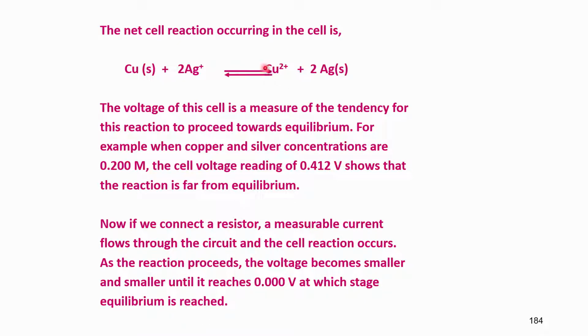Now, if I connect a resistor and a measurable current flows through the circuit, the cell reaction occurs.